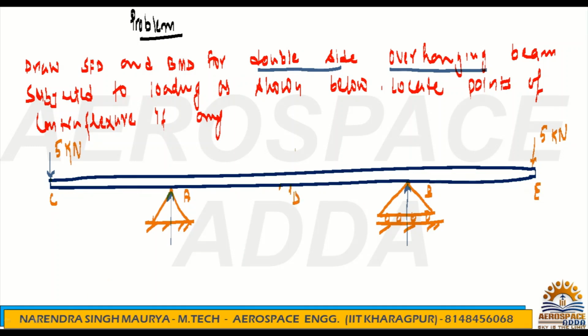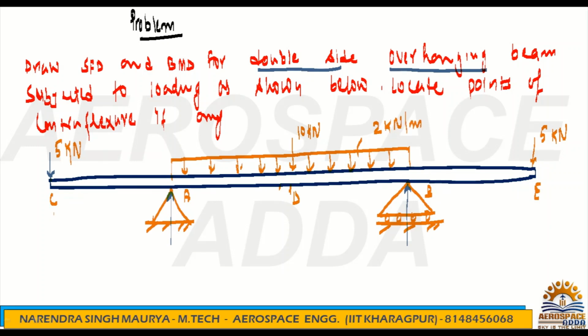And here the load is 10 kilonewton from A to B. This type of load is called a UDL load, right? And the intensity of this UDL load is 2 kilonewton per meter.